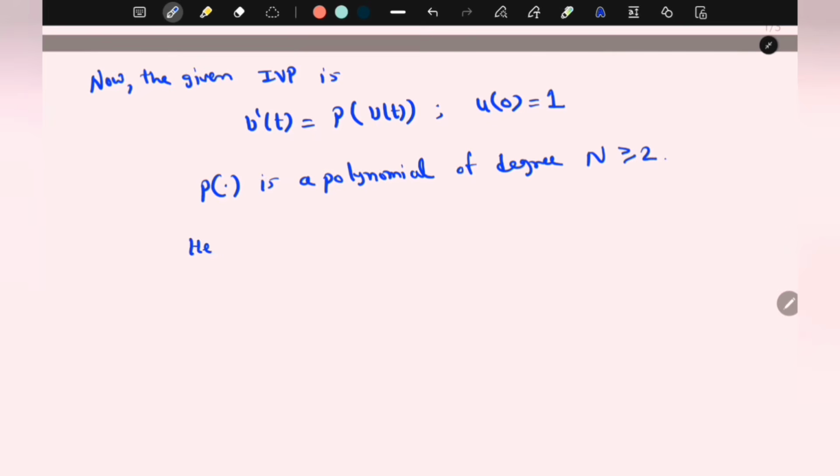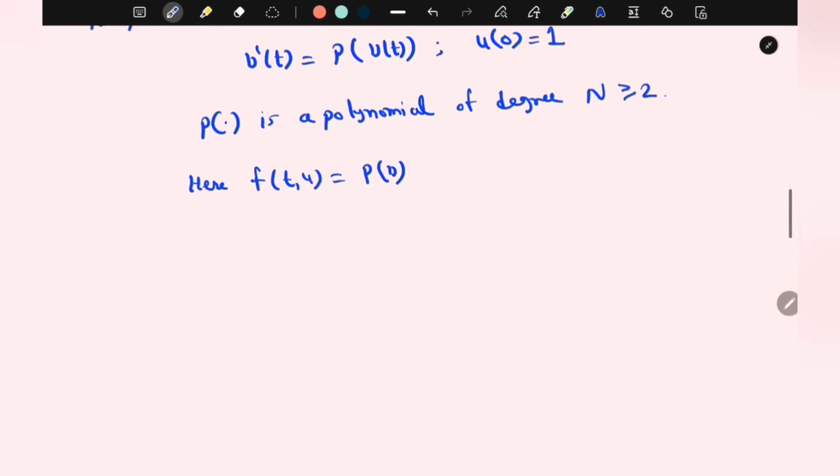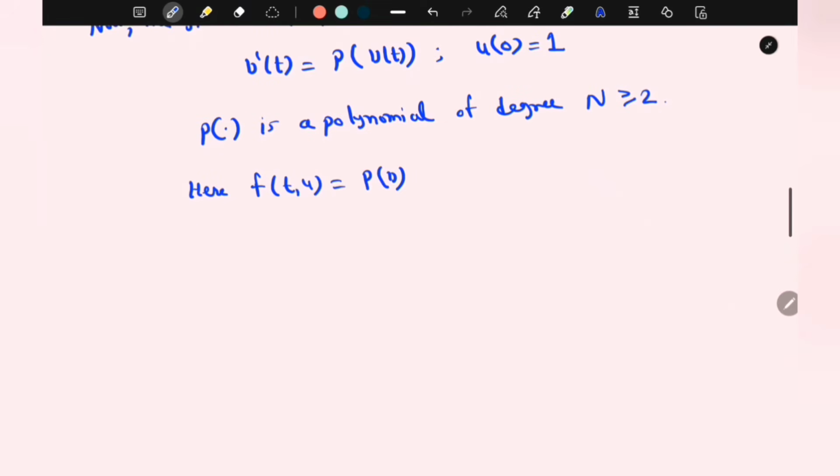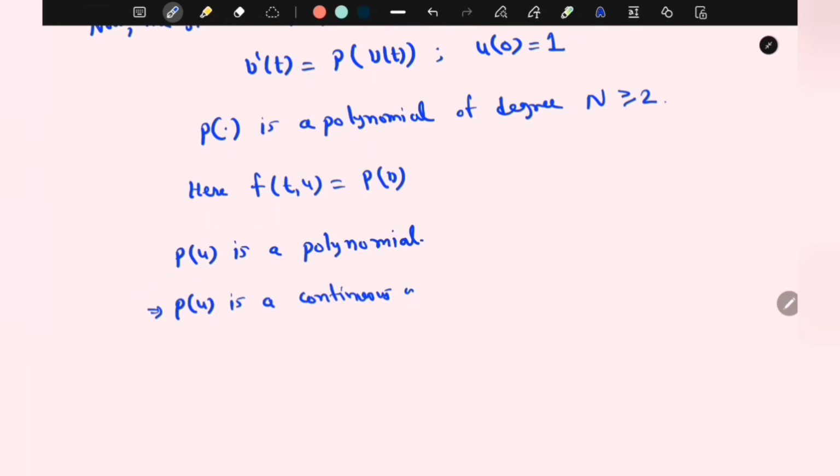Here f(t,u) = p(u). Since p is a polynomial of degree n, p(u) is a polynomial and every polynomial is continuous, so p(u) is a continuous and differentiable function.